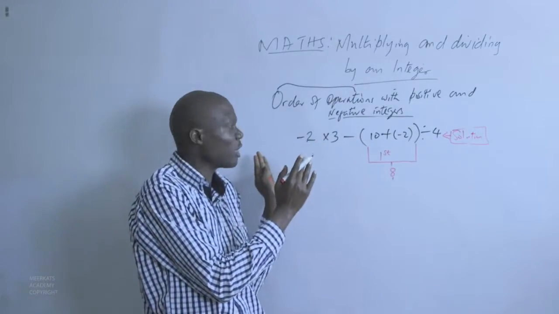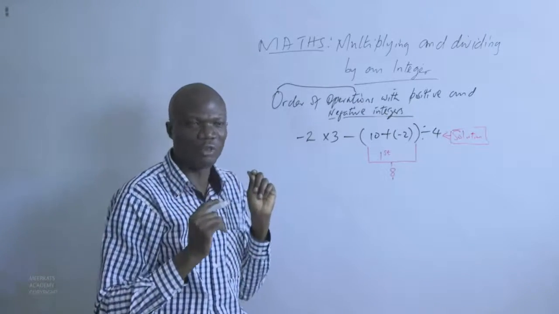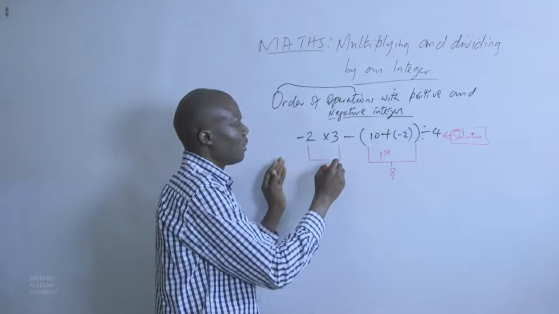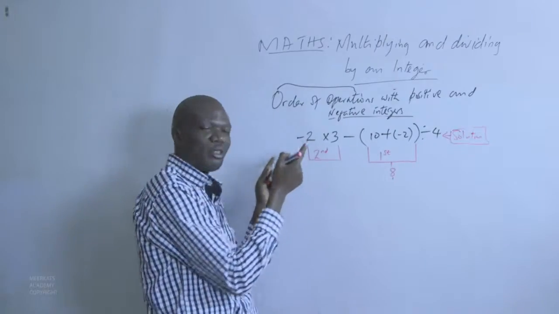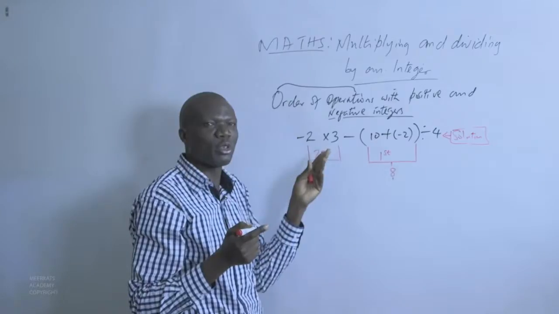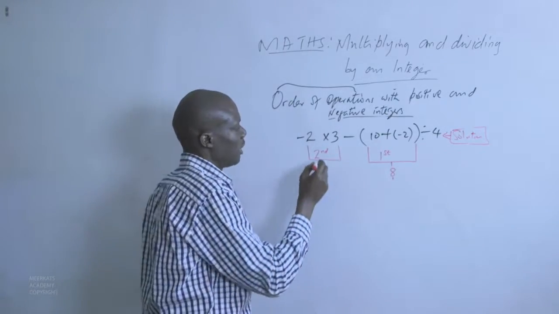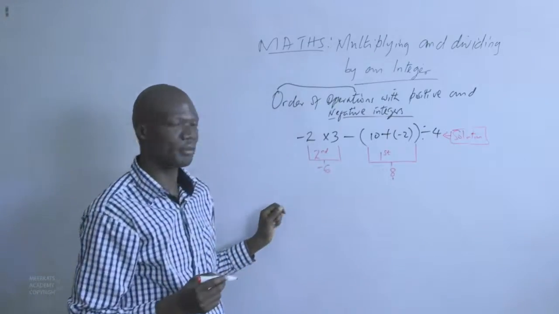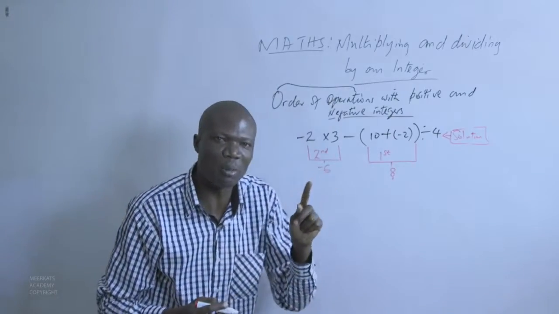If there is a multiplication there, we start with it first. If there is a division there, we start with it first. So what we have here is a multiplication. This is the second operation. Negative 2 times 3, a negative and a positive, gives us negative 6. Have we exhausted multiplication?